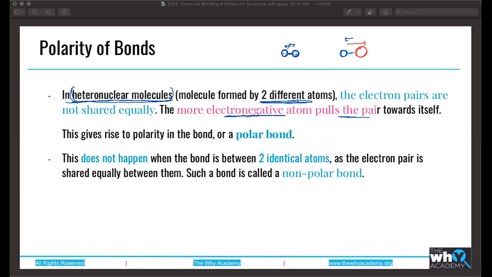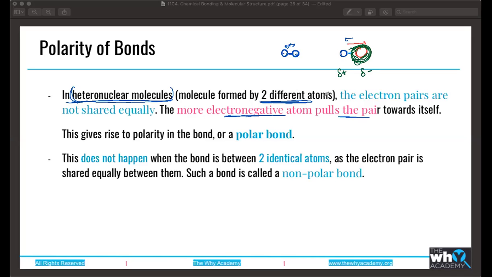In that case, because the force on the electrons is so much more from one of the atoms, the electron cloud shifts a little towards the more electronegative atom. If there is a shift in the electron cloud, there will be more negative charge concentrated on this side. So basically, within the covalent bond itself, you have a partial negative charge on one side, and because electrons are shifting away from the less electronegative atom, you have a partial positive charge on the other side.